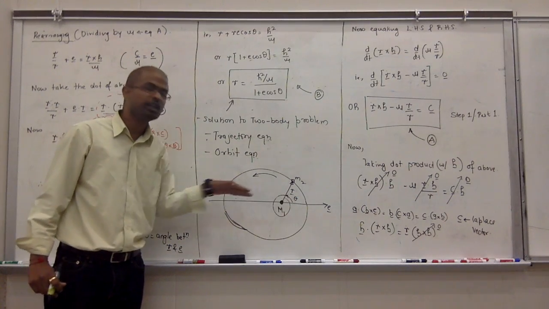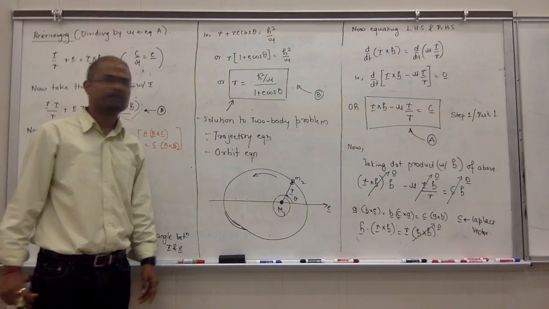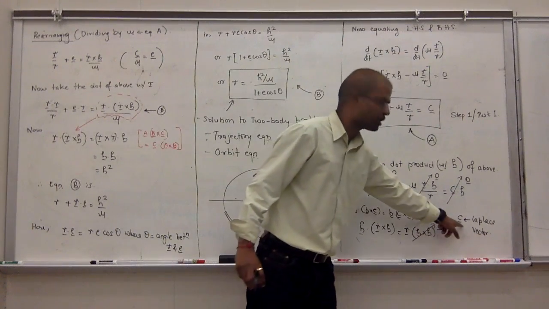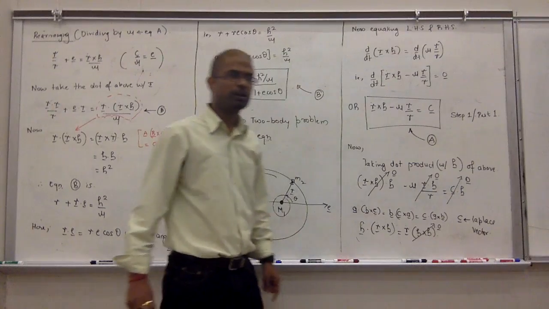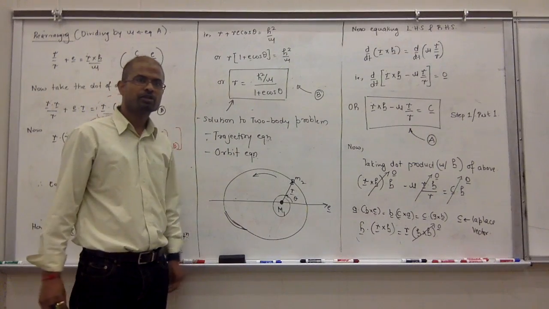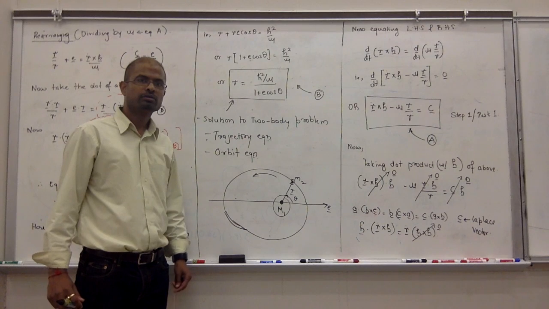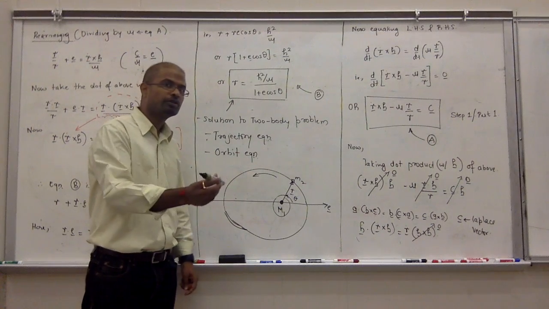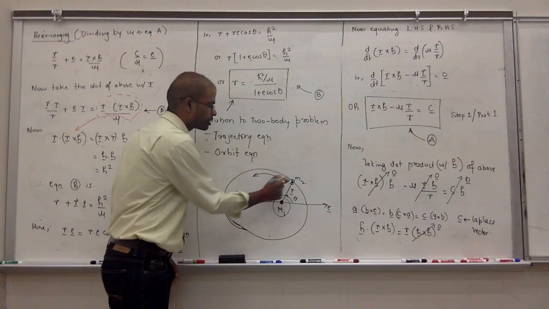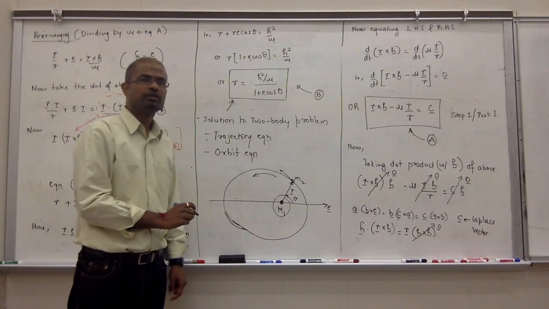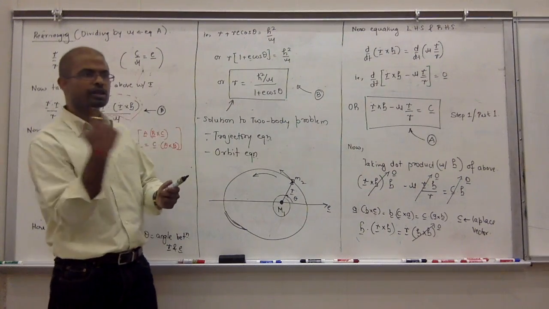We define this E direction. I told you that this Laplace vector has to lie in the orbital plane, right? What is the direction of H? It's coming out. Your velocity has to be like this.